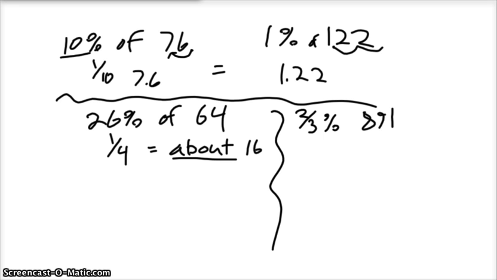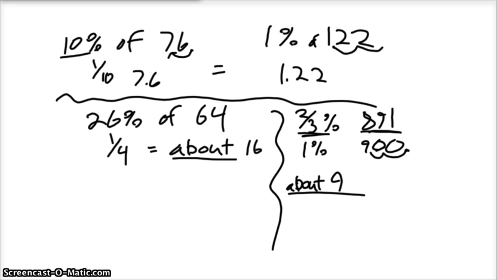So 2/3 is close to 1%, and 891 would be close to 900. I'm getting confused. So remember, with 1%, we move our decimal place 2 places to the left. So we would say this is about 9. That's all we got to do. So remember, with estimate, just round things to what makes it more like a whole number. That's really the best way to describe it.